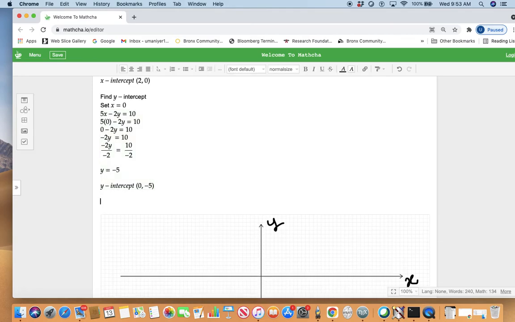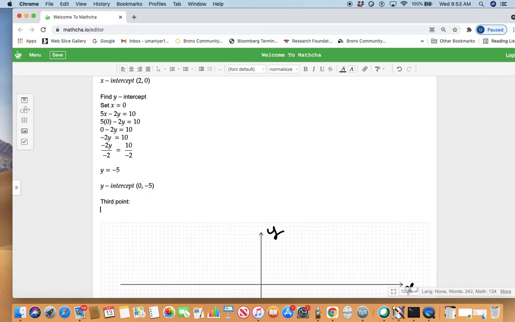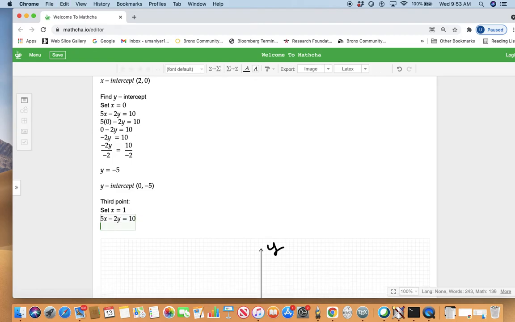All right. Now find the third point. You have to set either x or y to some number other than 0. So I set it to 1. So in my original equation, 5 minus 2y is 10. Subtract 5 from both sides. You have negative 2y is 5.